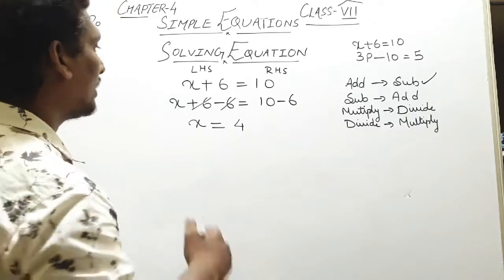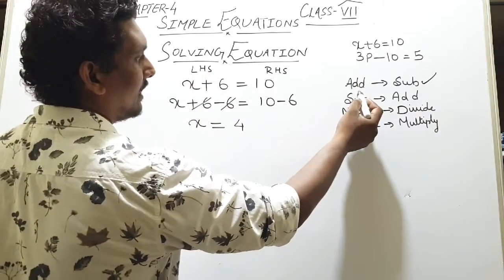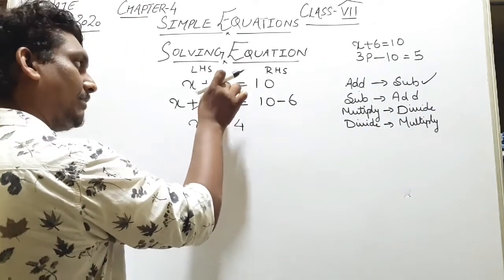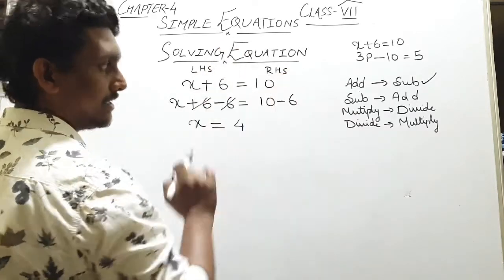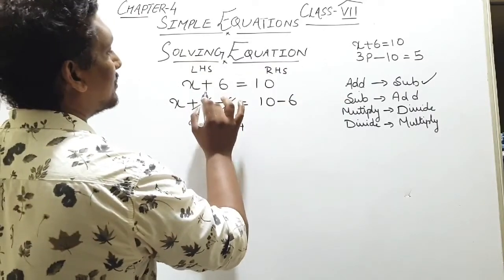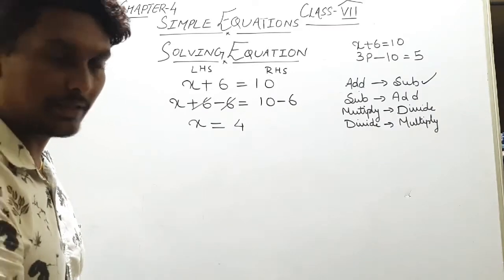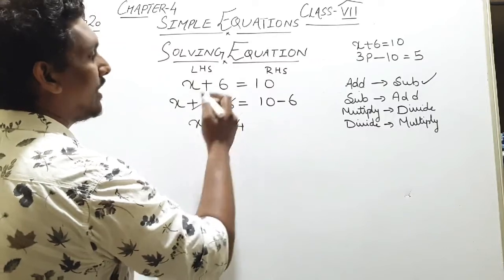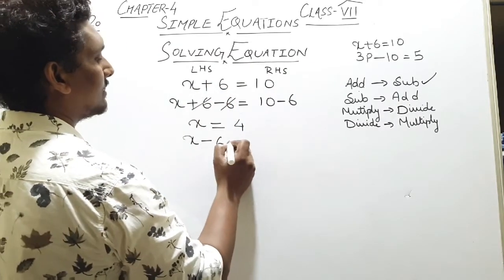Whatever extra is given on this side, if addition is given there, we have to use subtraction. The same number that is given here, we have to subtract on the LHS side and the RHS side, right? Suppose subtraction is given, for example x minus 6 is equal to 10.